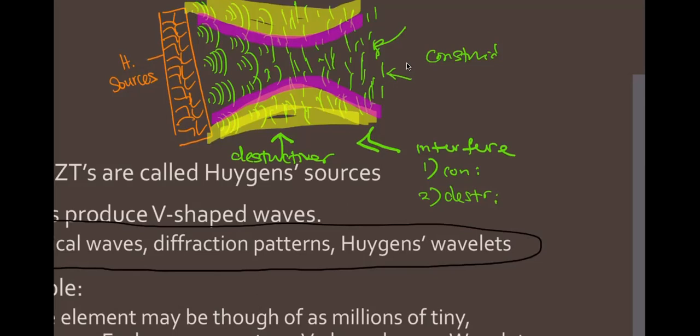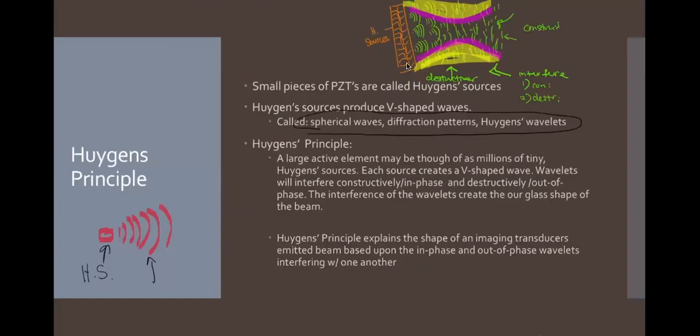They each release Huygens wavelets, and those wavelets constructively and destructively interfere and therefore cause the trumpet shape of the beam. That's all they say. But I think it makes more sense when you think about it like this, and you also remember its purpose: what was Huygens' deal, and what did he want to talk about?